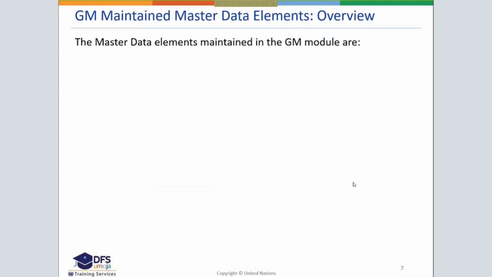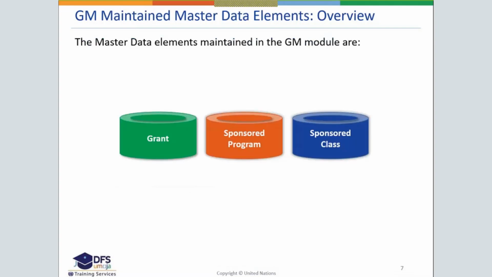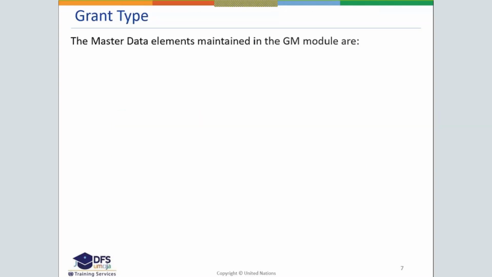So for this, we need to know very well which master data we have, how to create it in the system, and how to link all this master data together. The main elements for grants are grants, sponsor programs, and sponsor classes. Let's see each one of them a little bit deeper. Grant type.